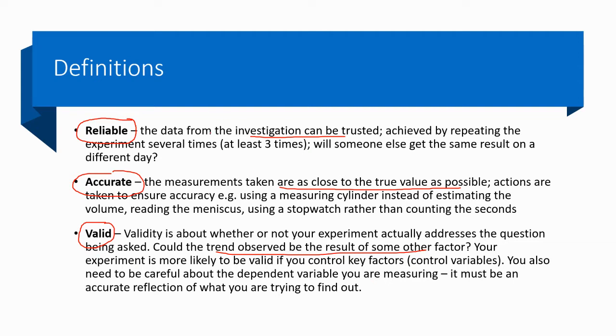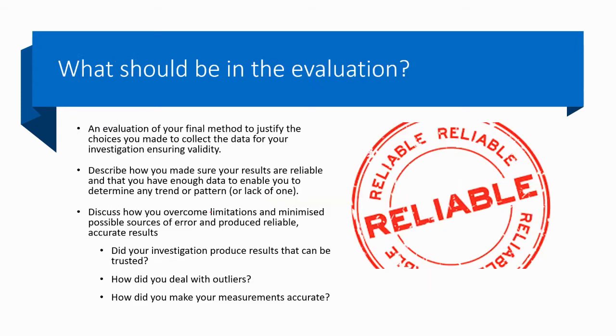So to be reliable, you do things 3 times at least and take the average. To be accurate, you take really careful measurements and you, for example, use a measuring cylinder and a stopwatch. And to be valid, you keep everything else the same that you're not trying to test or measure.